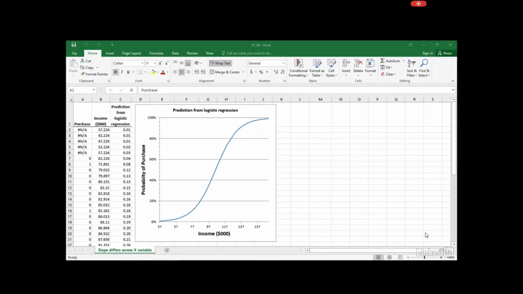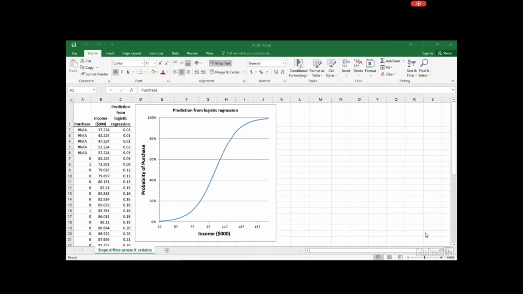If you look at the lower end of the income scale, down around $37,000 to $57,000, the left end of the scale, you see that it's a fairly flat increase in probability of purchase. Going up $20,000 from $37,000 to $57,000 in the income, according to this regression equation and according to the data that we've presented to it, does not increase by very much at all the probability of acquiring a house.